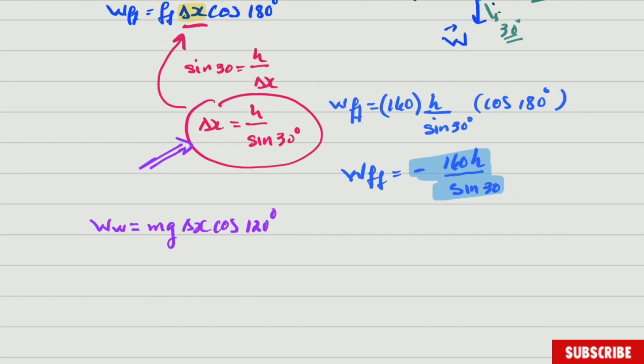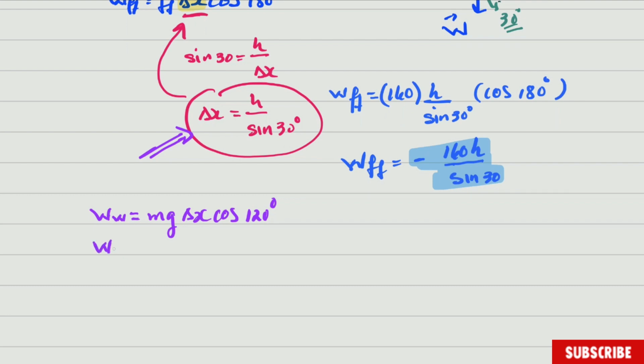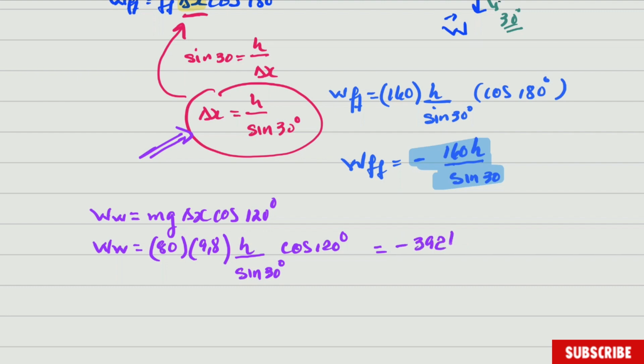And now if we substitute what we have, which is what we are going to do real fast here, we get that this one is minus 392 h divided by tan 30. But we can also solve this one, and the answer would be minus 784 h.